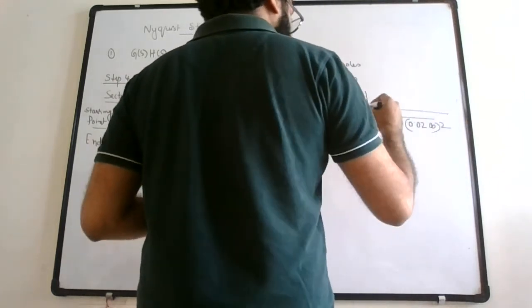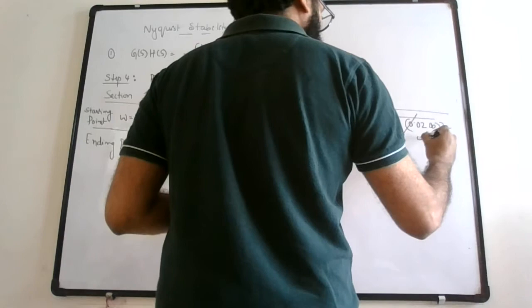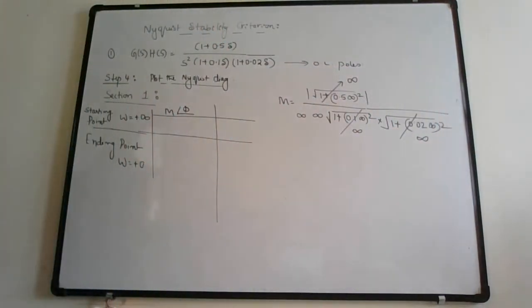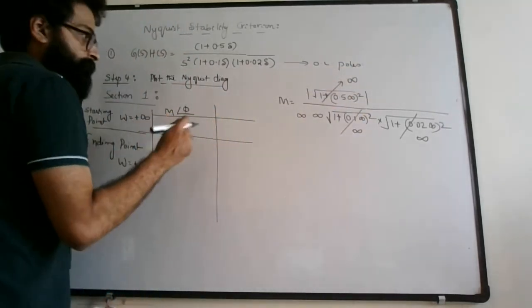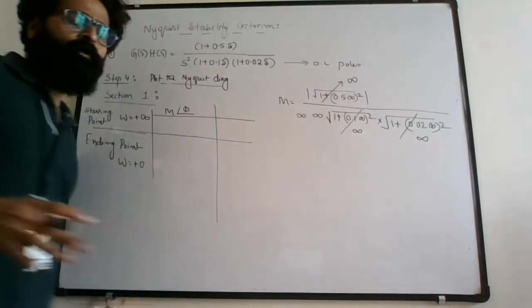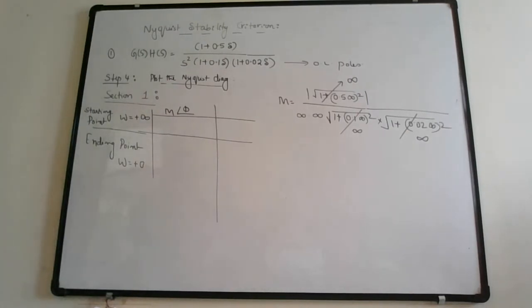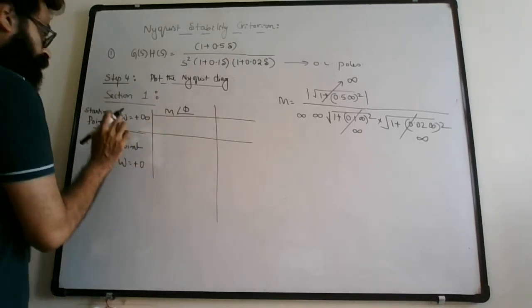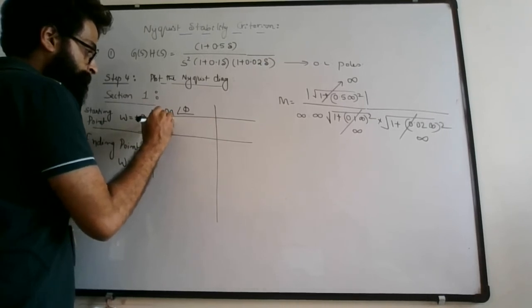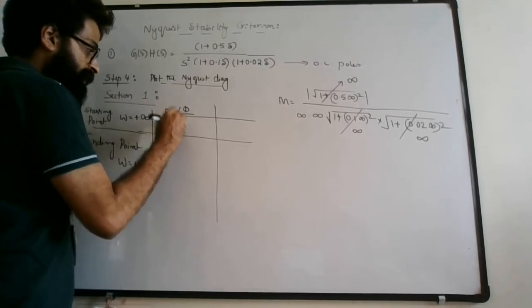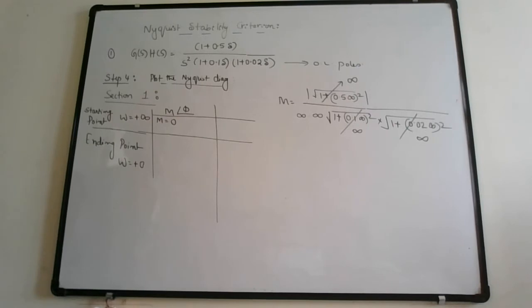Okay, so again in the denominator you will have some infinite function, and when it is something like infinity by infinity, you will get it as 0, right? Because your denominator is going to be very large, and due to which 1 divided by infinity becomes 0. So at omega equal to infinity, magnitude is 0. You can write m is equal to 0.